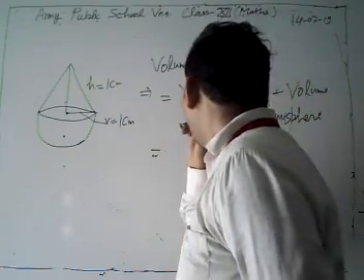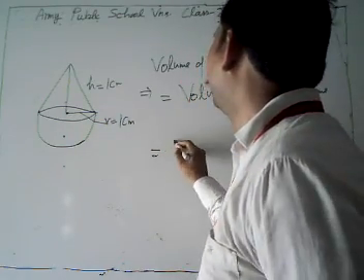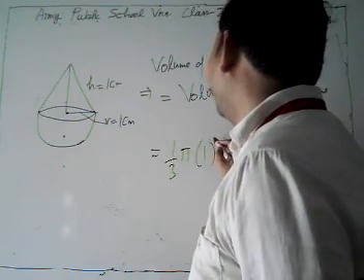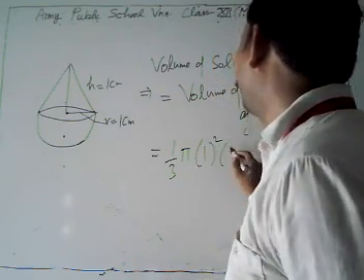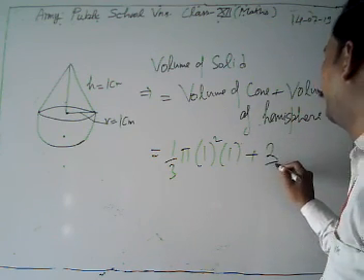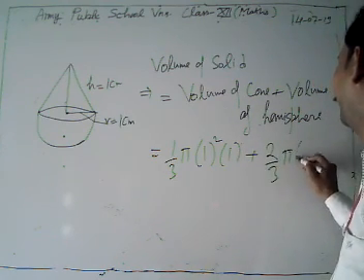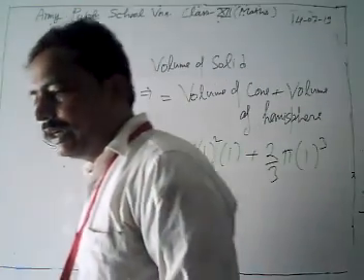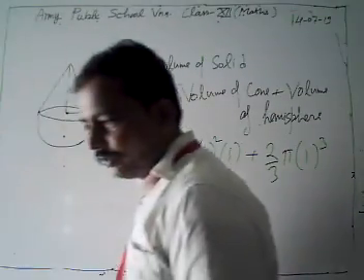Now, the volume of the cone is 1 by 3 pi r square h, where r is 1 and h is also 1, plus the volume of the hemisphere, 2 by 3 pi r cube. What is given?